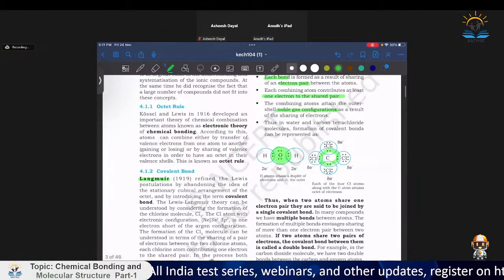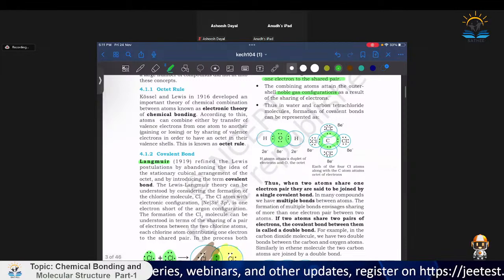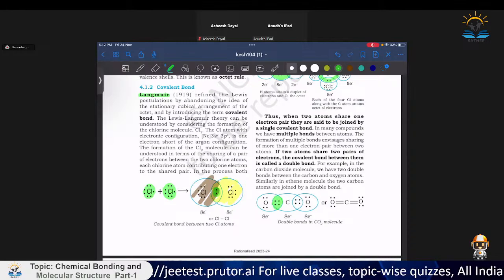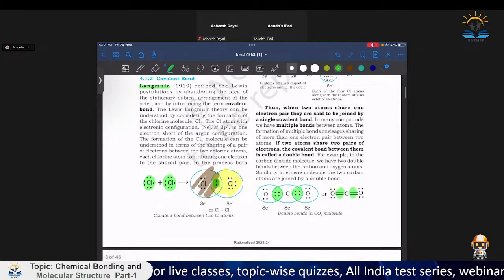When two atoms share one electron pair, they are said to be joined by a single covalent bond. If the number of pairs is 1, then one covalent bond is there. If they are joined by 2 pairs, then a double bond is present. If 3 pairs are there, a triple bond is present. As we can see in CO2, 4 electrons or 2 pairs mean a double bond, and on the other side, 4 electrons or 2 pairs give another double bond.